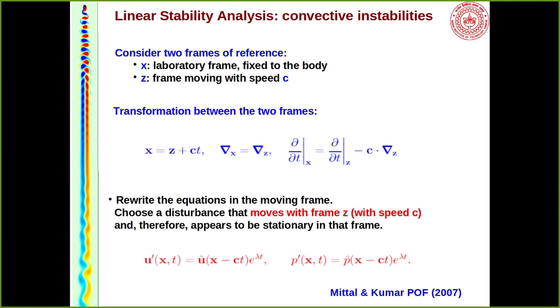The only thing is that these two spatial parts can actually move in space to look at convective instability. So C is the speed of the disturbance. If I put it equal to 0, then I'm only tracking the absolute instability. If I put C as non-zero, then I can also track convective instability. In this analysis, we will be mostly doing C equal to 0, so you don't have to worry much about the non-zeros.